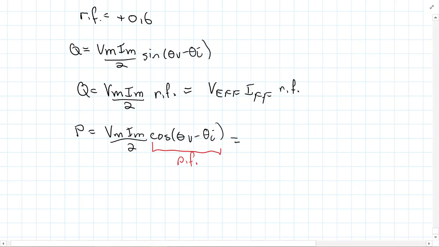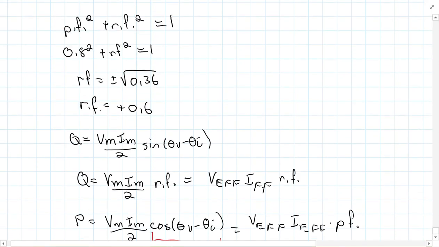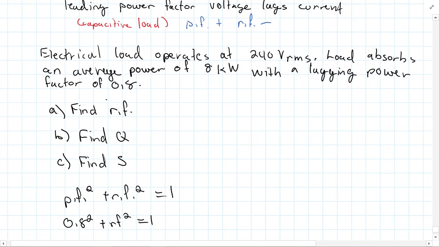And also that we could write this as an effective voltage times an effective current times my power factor. Now the reason I'm making sure is we have to go back and see what we're given in the problem. So we're given 240 volts RMS, so that means this is an effective voltage that we are given.